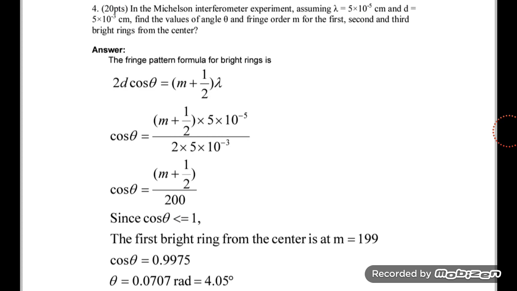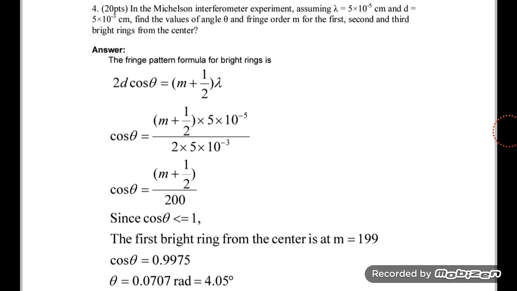So we have (m plus half) divided by 200. As cos theta is less than or equal to 1, the first bright ring from the center is at m equal to 199.